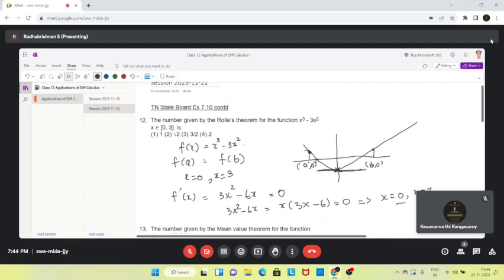But 0 is not in the open range. Therefore, x equal to 2 is the only point in between 0 and 3 where f dash of x is 0. So the number given by Rolle's theorem in this case is 2. Option 4.